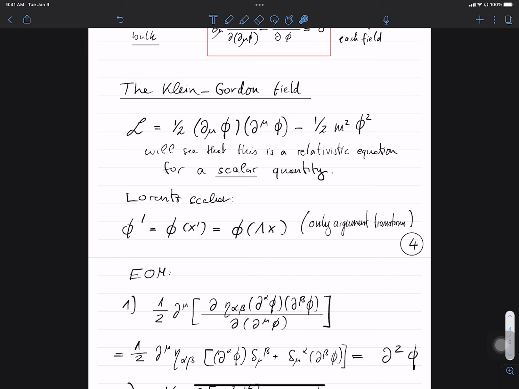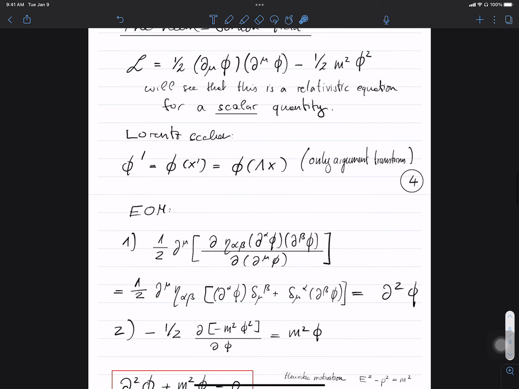If I may remind you, in the harmonic oscillator, we had q dot and q dot here. So we here essentially have derivatives of phi multiplying each other. We have a square of derivatives, and we have a negative phi squared term, quite similar to the negative q squared term. So there is some similarity to that. Anyway, we come to the interpretation in a second.